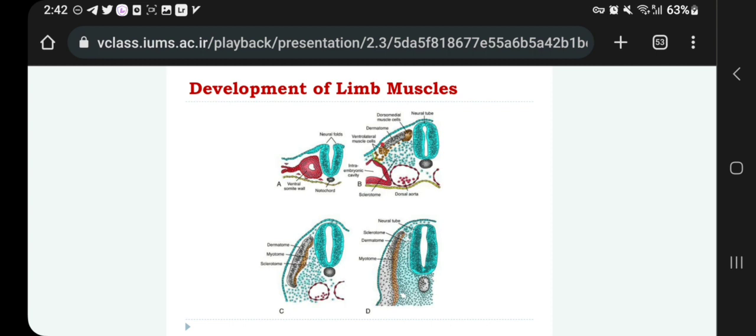But what happens to the ventrolateral muscle? Some of the muscle stays here, and some of it migrates to the lateral plate mesoderm. Okay, wait a minute.